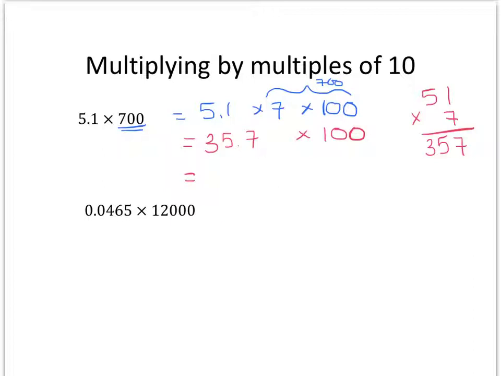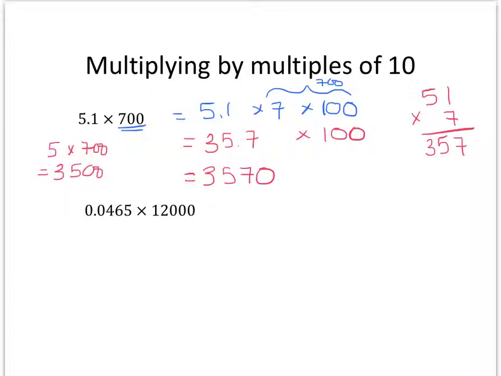So I'm getting 100 times bigger. Gives me the number 3570. Okay, we'll try our second example. Oh, and sorry, I forgot, you can check this by rounding. So if you just did 5 times 700, you should get 3500, which looks pretty close to our answer, 3570.